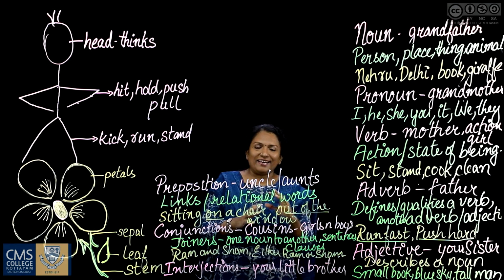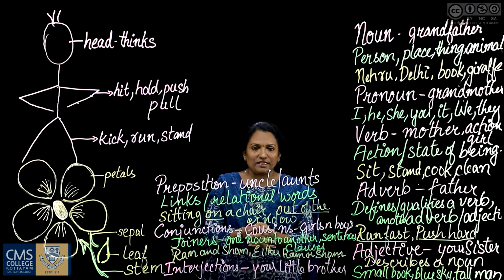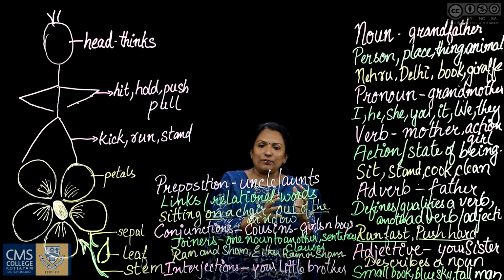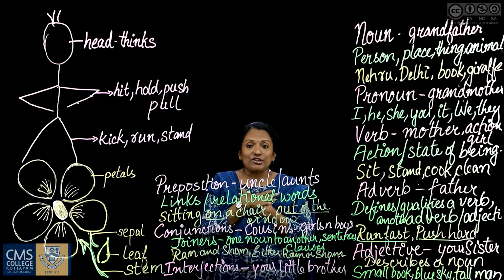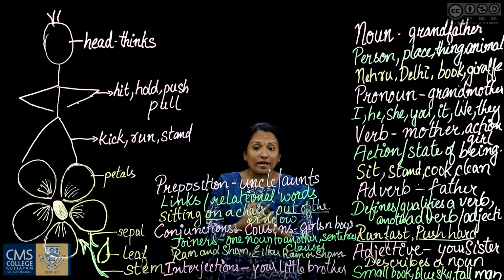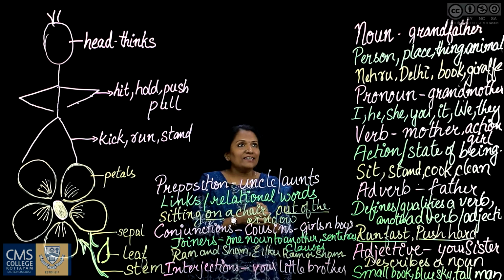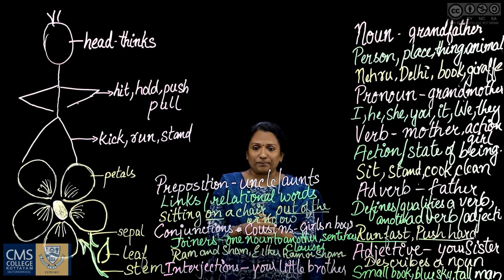Now I feel you can always link each part of speech with something that is very intimate to you, your family, someone or something that you know so intimately, so well. And here we begin with the noun, which tops the list.